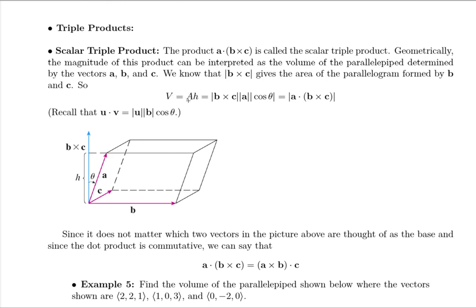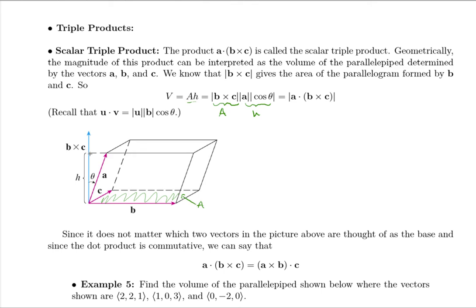First of all, if you have the area of this base here, so this is the A that they're referring to, and then the height of the parallelepiped, it makes sense that would give you volume. So area times height. But we know area, right? Area is the cross product of B and C when you take its magnitude. So that's the area. Okay, now the claim is that this is the height. Okay, so let's see if we believe that.